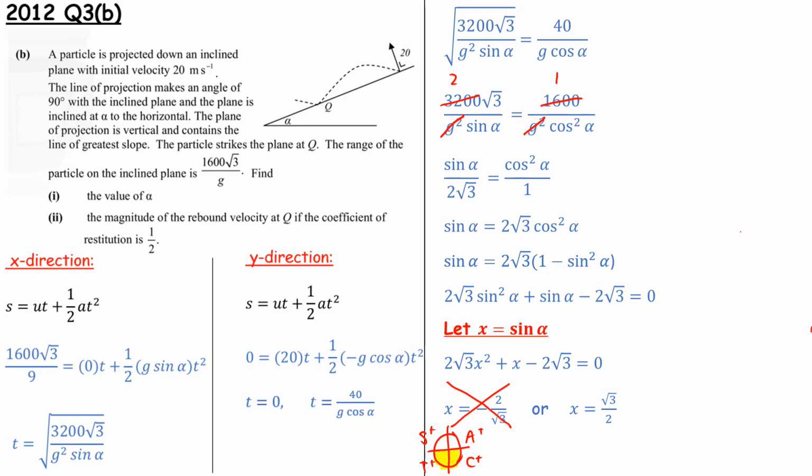Now, there is no way that the incline could be bigger than 180, so I'm just ignoring that answer. I'm only dealing with the positive, and I'm also taking that positive as being acute. We have to think that that inclined plane is at an acute angle. So working forward, we end up with this as our answer for x, but x is actually sine of alpha.